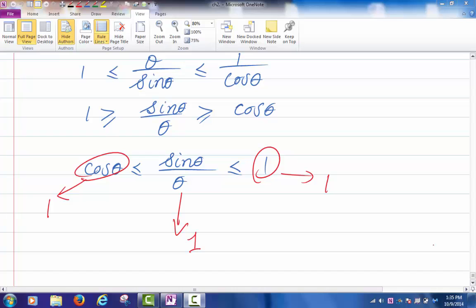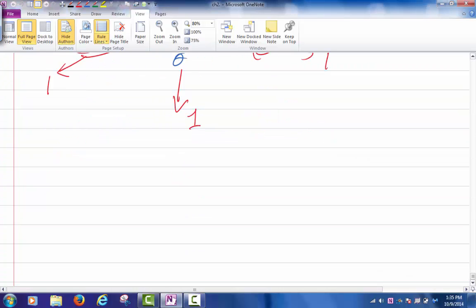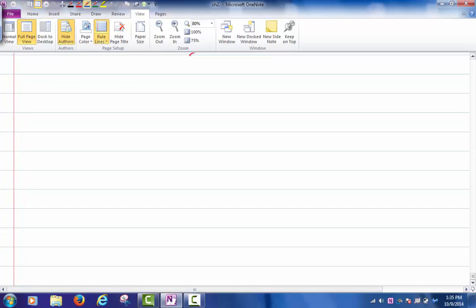Okay, so last time we ended up with the following. We justified the two limits. Number 1: the limit as theta goes to 0 of sine theta divided by theta is 1.